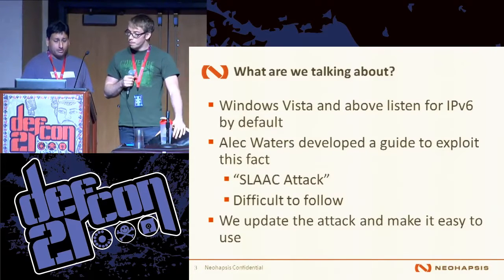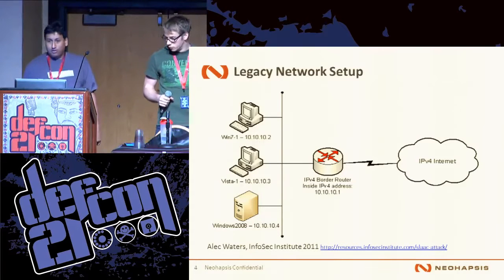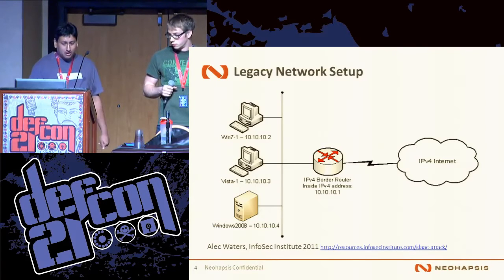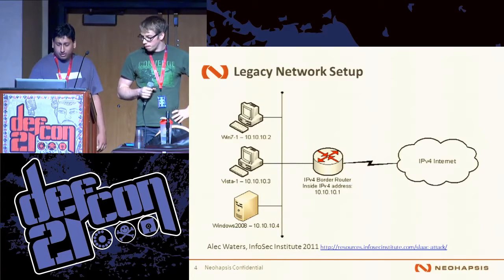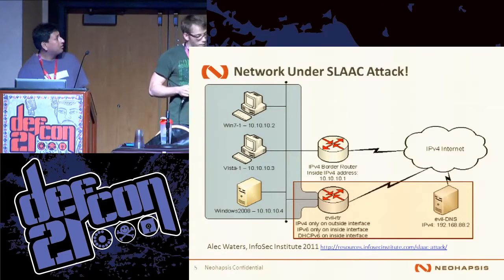So here we have our plain vanilla legacy network. There's only IP version 4 on this network. There's a router that has DHCP and DNS, and there's no IPv6 anywhere. We also have some hosts here: Windows 7, Windows Vista, 2008. What Alec Waters put together was a guide to create our evil router here in the red.